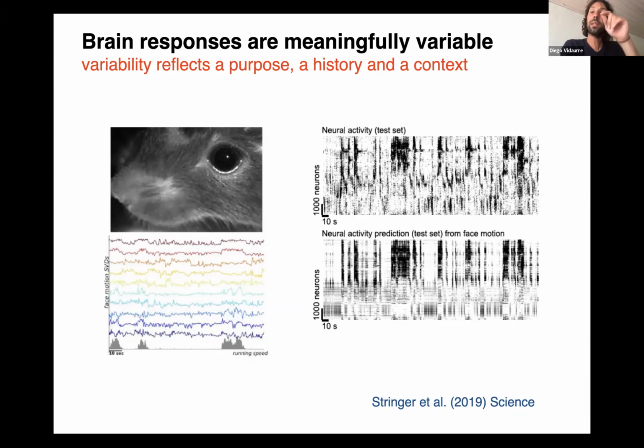You can still explain a lot of variance in these neurons from many other things that are not vision. So that proves that there is a lot of variability that depends on many things and not just the stimulus. And this variability is meaningful.